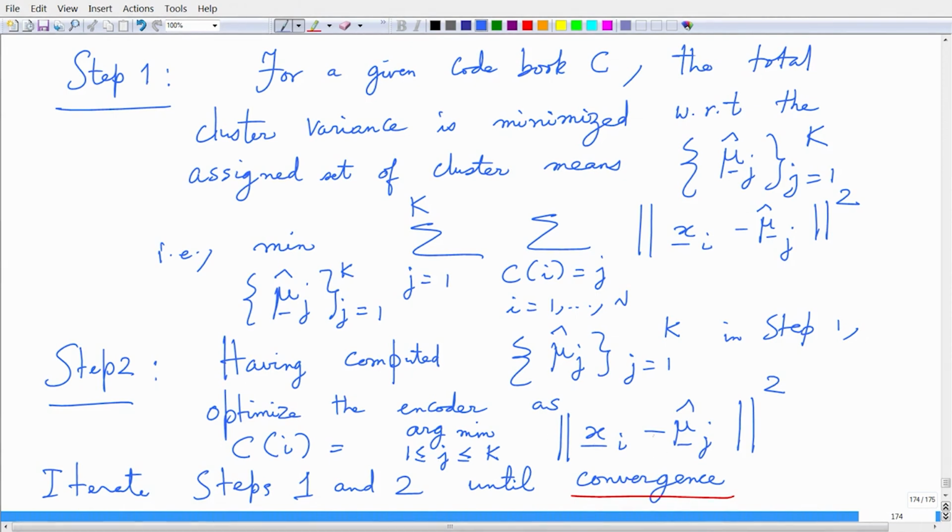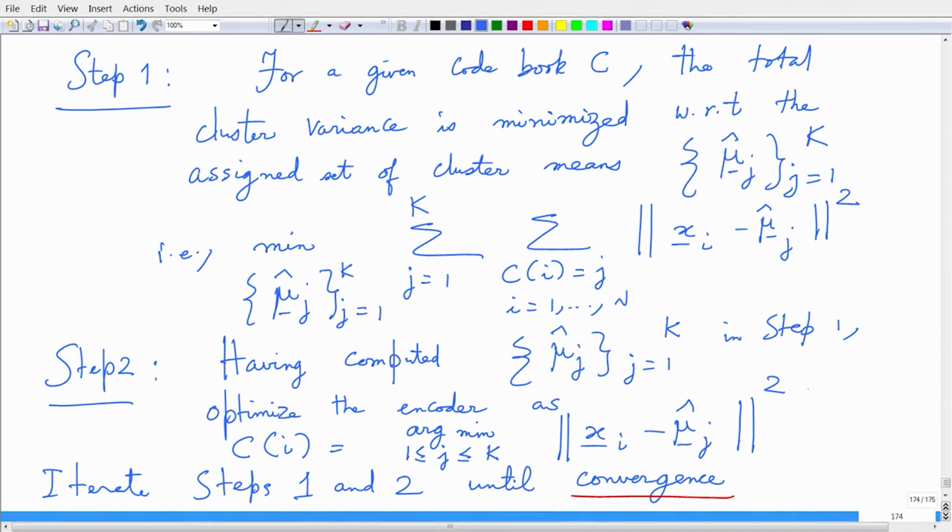Once we compute that distortion, we pick that value of j that gives the closest distortion for the data point x_i. That is, the code for the data point x_i would be that point j star, which is going to be the least of the distortion over all the j from 1 through k, right.